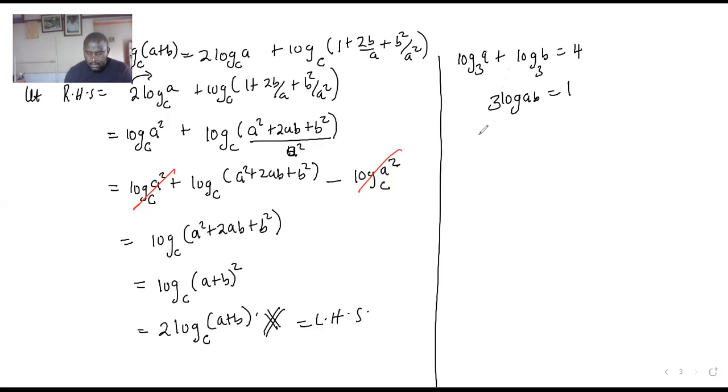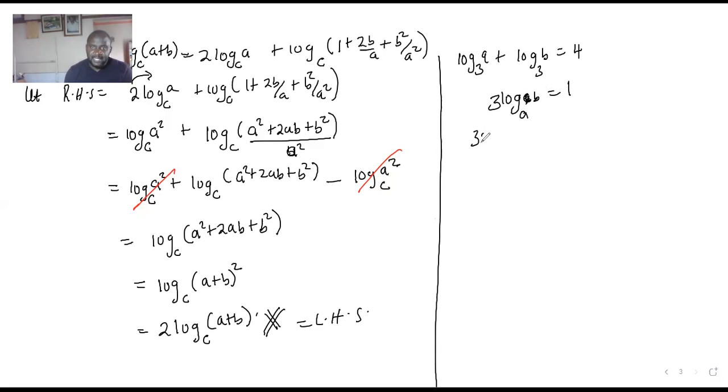If I have this, this is the same as 3. The base was what? No, the base was A. I've written it wrongly. This is log to base A of B cubed.